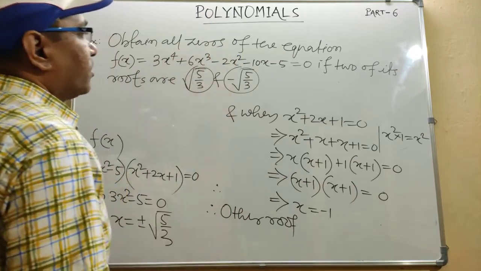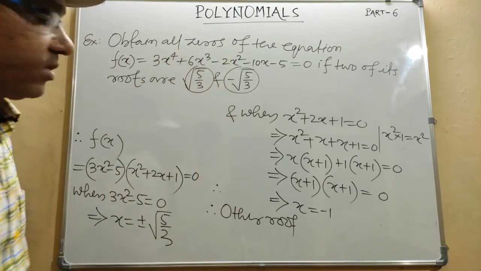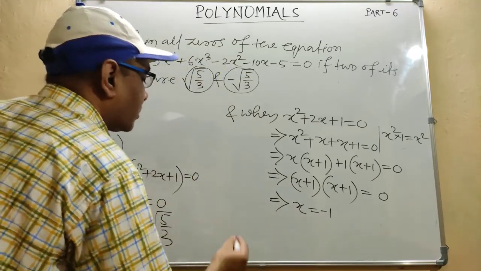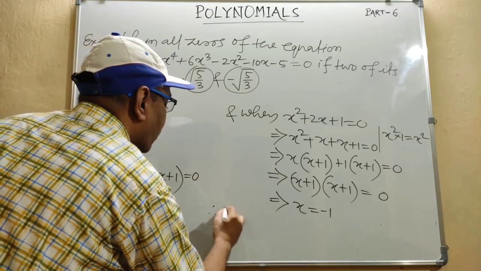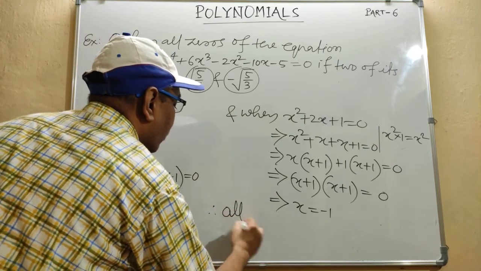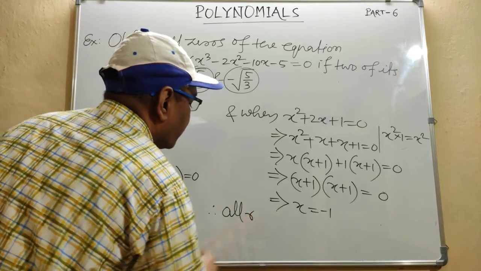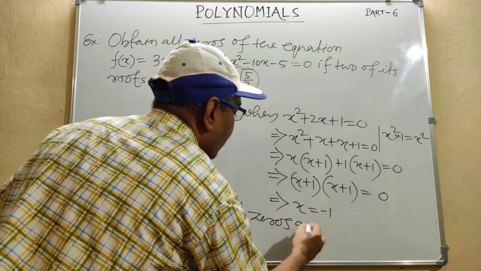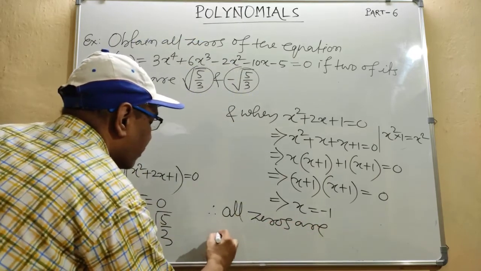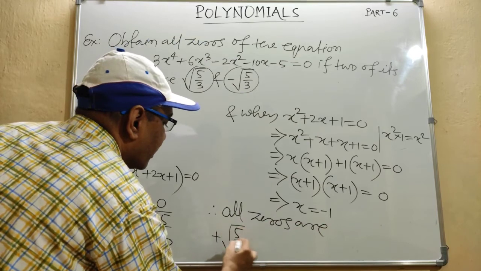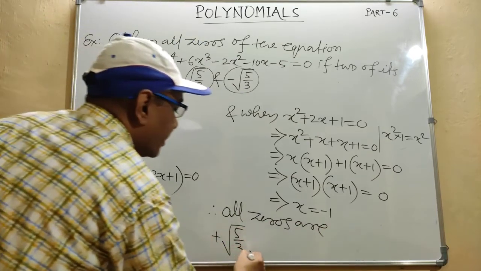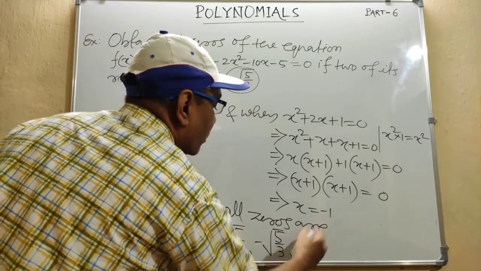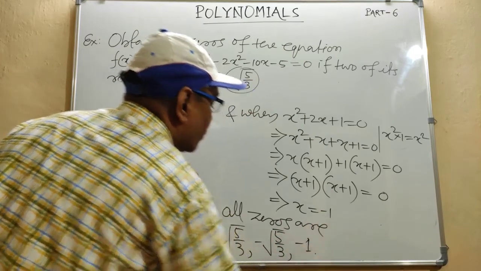We have obtained all zeros of the equation. The other root is -1, so you can write all the zeros. All the zeros are: one is plus √5/3, one is minus √5/3, and the third one is -1.